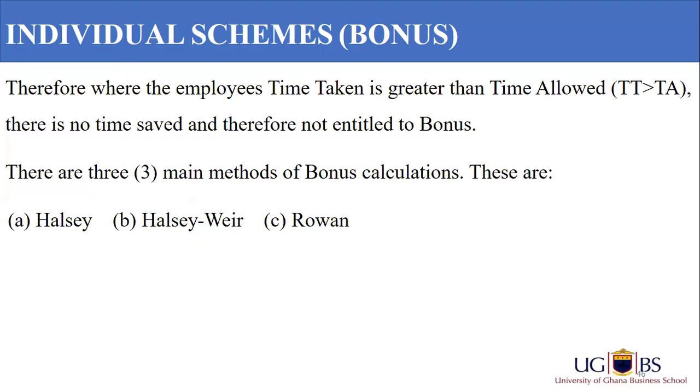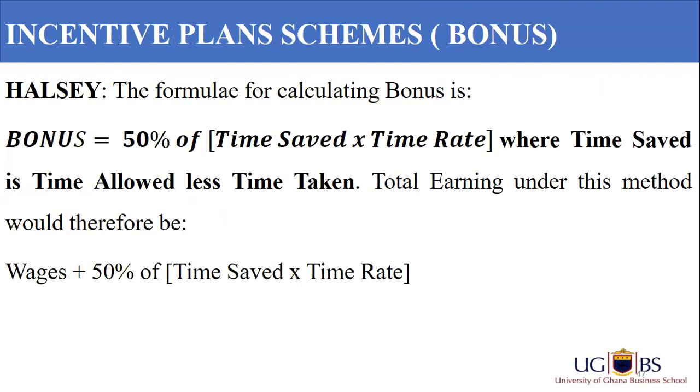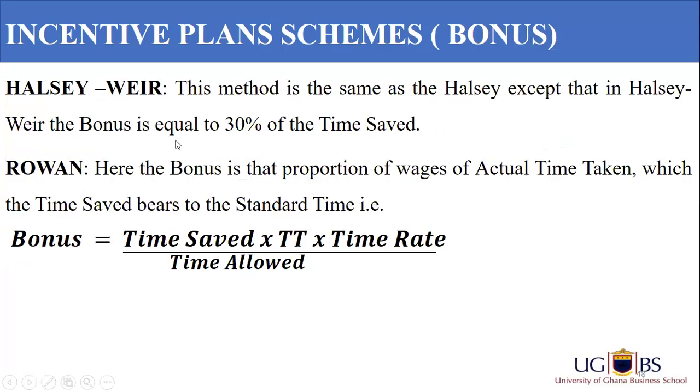These are the Halsey way and the Rowan one. The Halsey way is just 50% of the time saved times the time rate. So it is basically wages plus 50% of the time saved times the time rate. The other way, the Halsey-Weir, is the same thing, but just 30%.